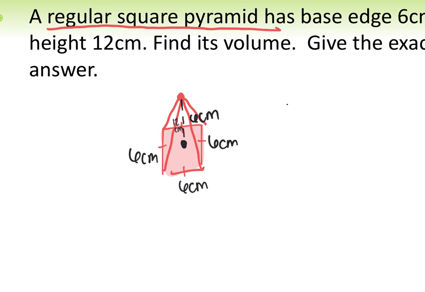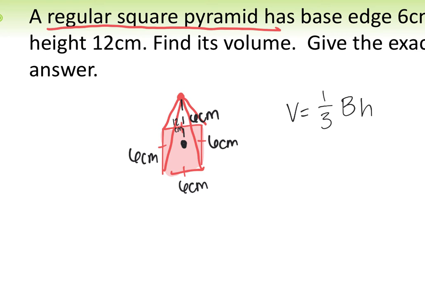So the volume of this pyramid is equal to what? What's our new formula? 1/3 the area of your base times the height. Now, our base, you guys agreed, was what shape? A square.